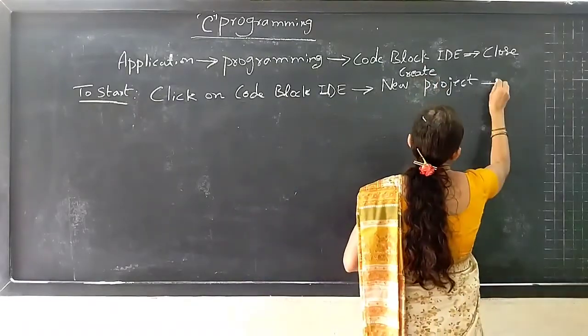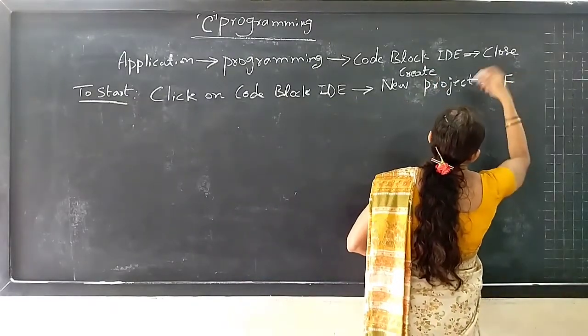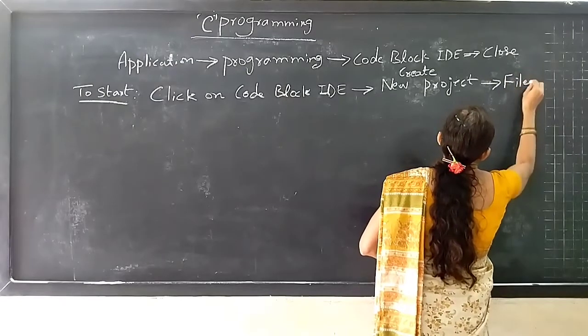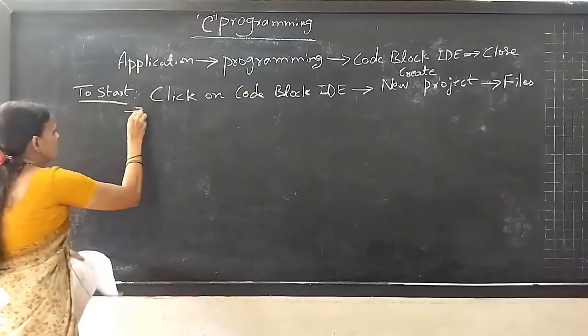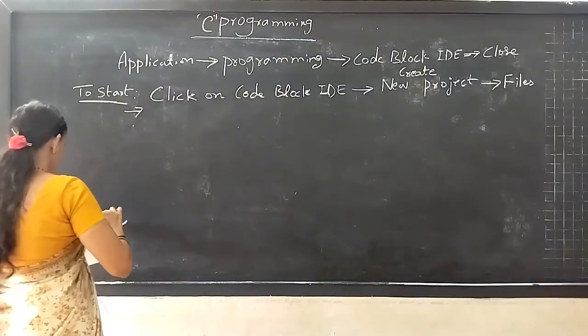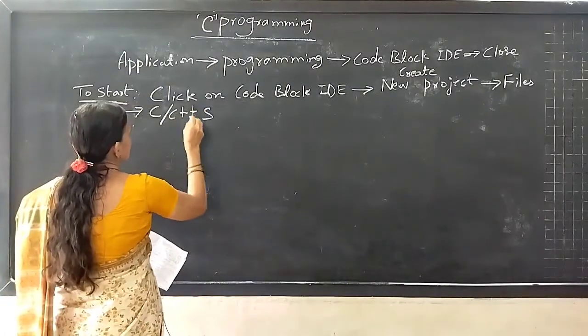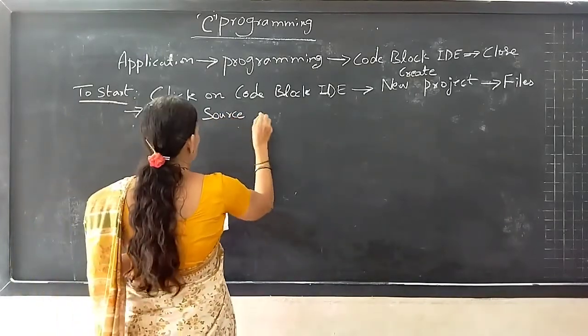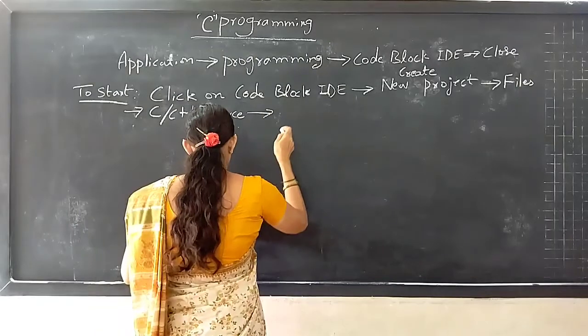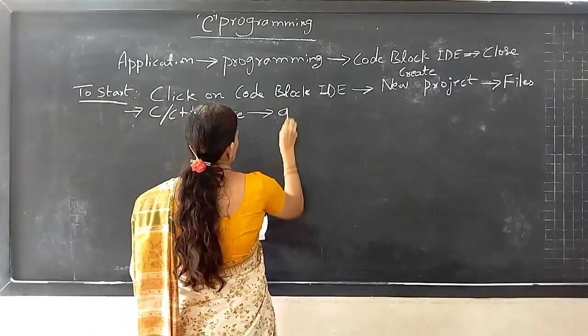Then on the left side you can see the files option. In that you have to select C source and move forward and select go.